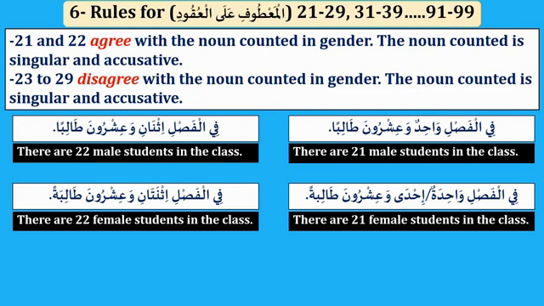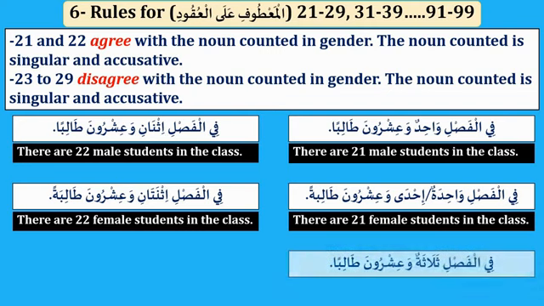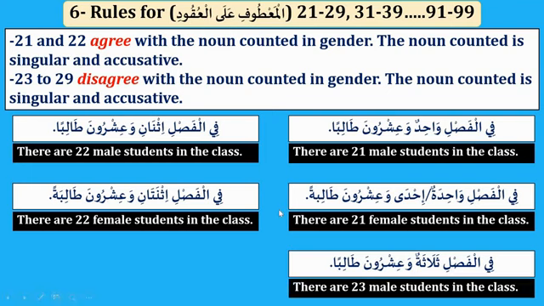But from 23 to 29, the number disagrees with the noun counted. في الفصل 23 طالبا. There are 23 male students in the class. As we see, the number disagrees with the noun counted.